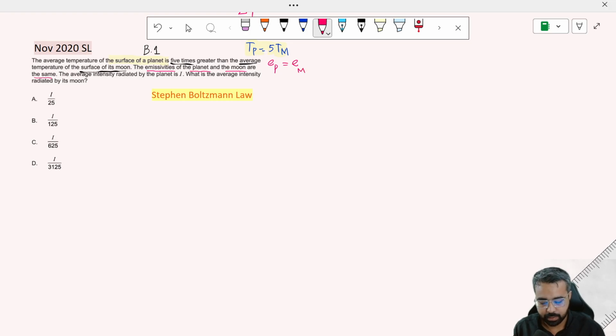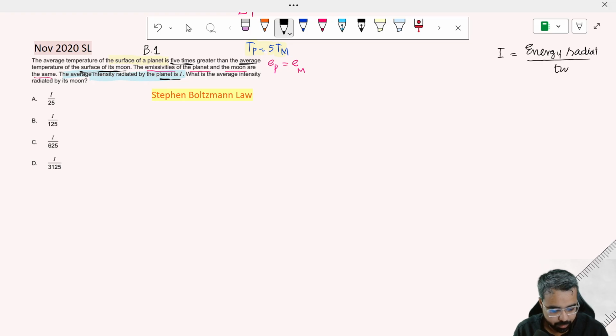All right, so the average intensity radiated by the planet is I. So what is the intensity? First of all, I will explain, because our syllabus for IB has changed. The intensity, dear students, is equal to the energy radiated per unit time, which in other words is power, divided by area.